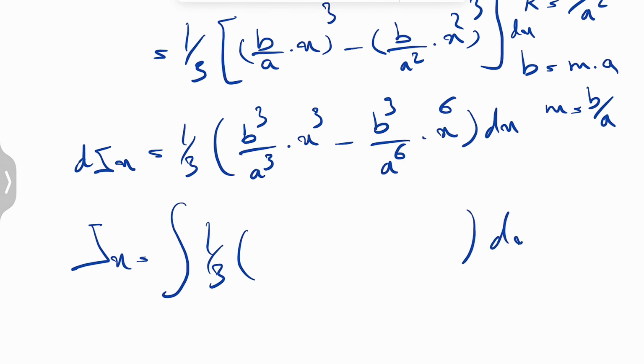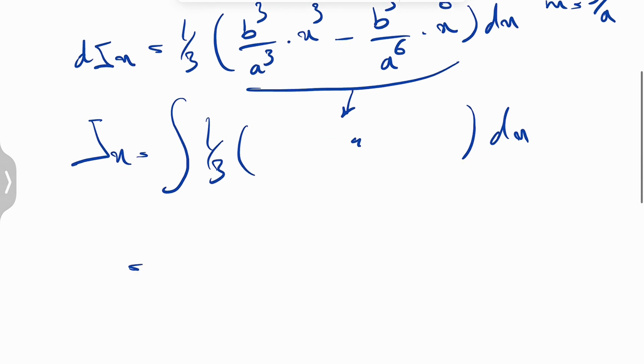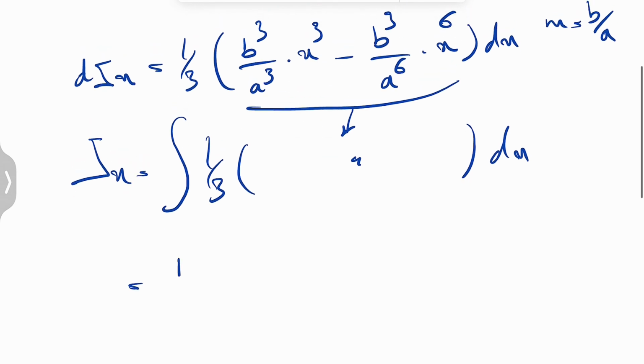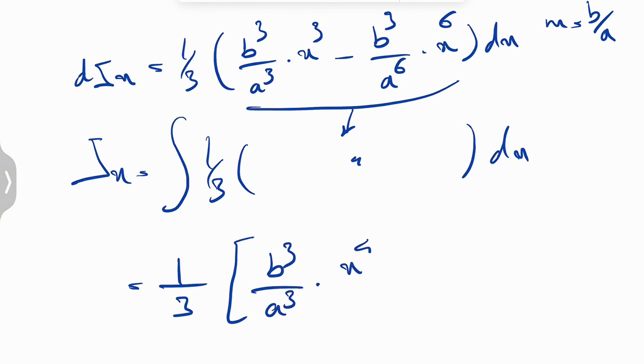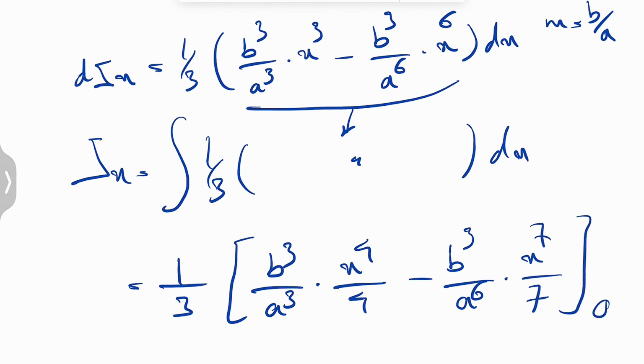So what we have in the previous step is going to be in here, and let's just do the integral. Let's factor 1/3 in here. These are the constants that we have, b cubed over a cubed, and for the x we have x to the 4 over 4. For that one, again, we have these constant values and x to the 7 over 7. And our integral would be from 0 to a.